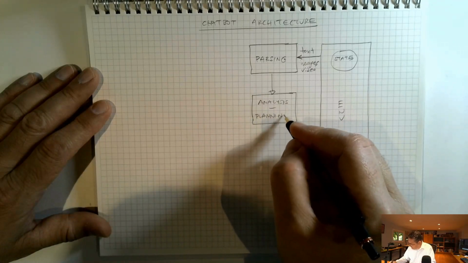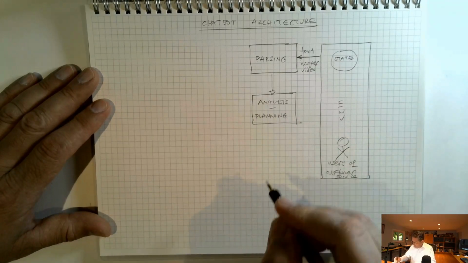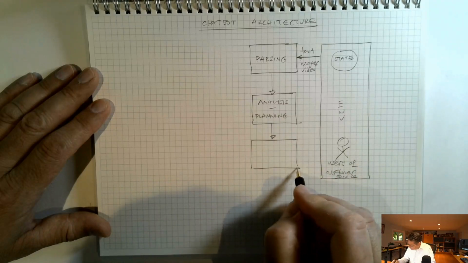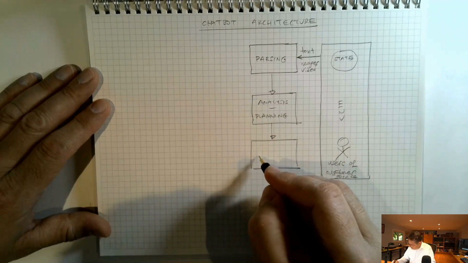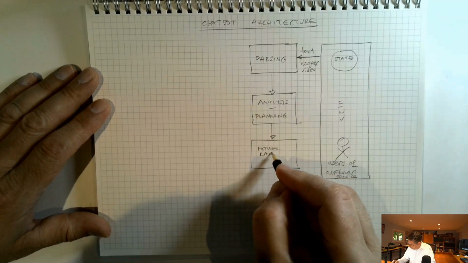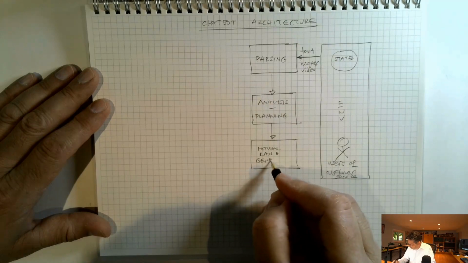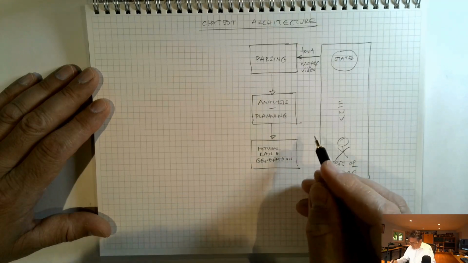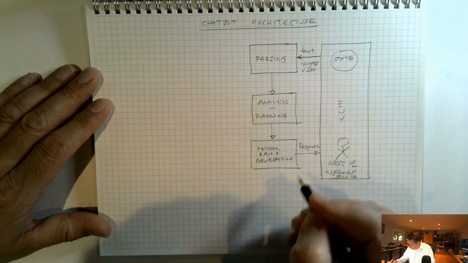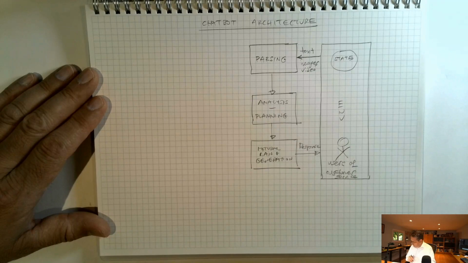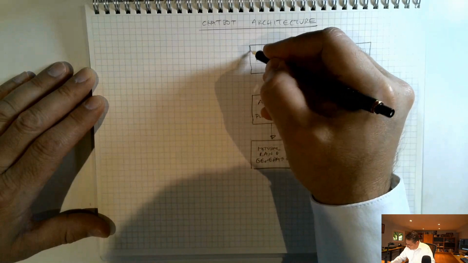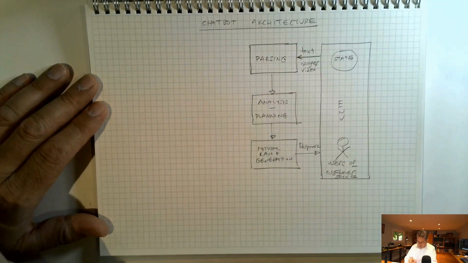And then finally we have some form of natural language generation, where we respond back to that environment. So this is a very high-level diagram that represents the chatbot application.